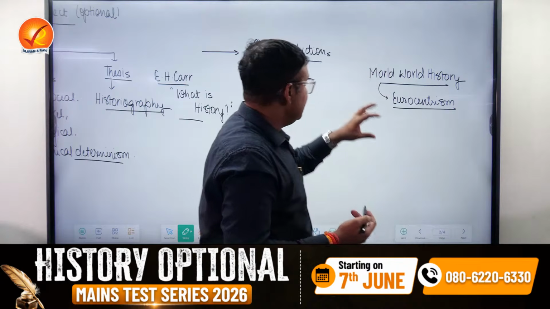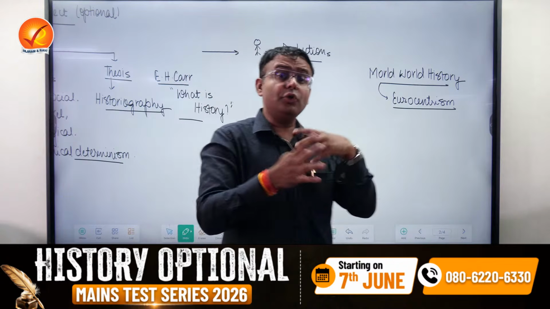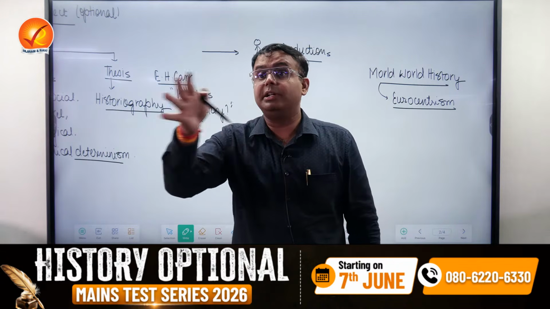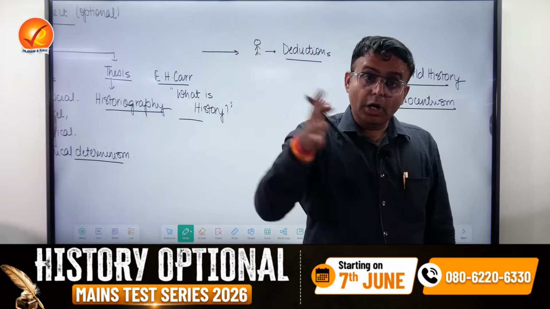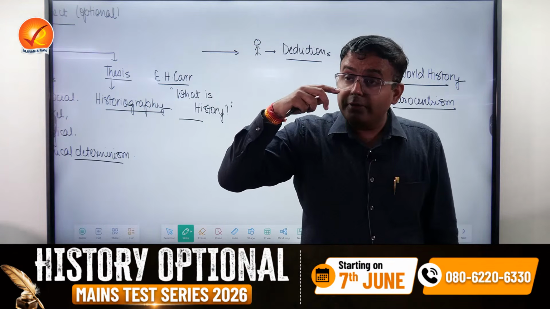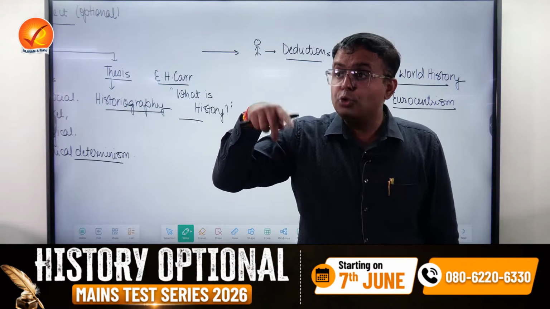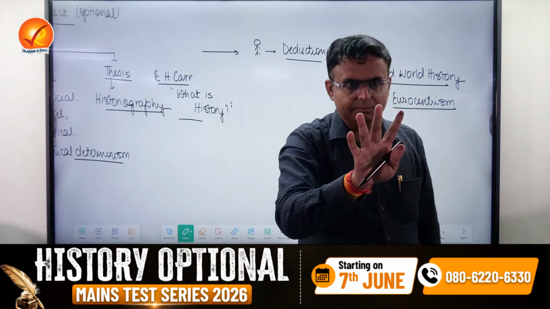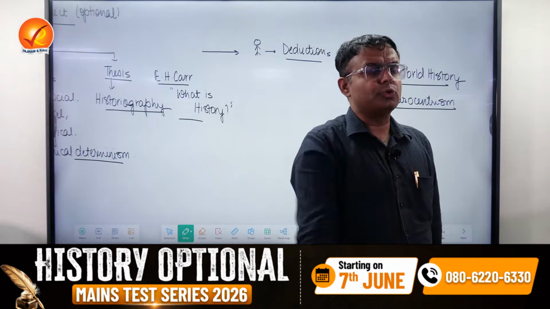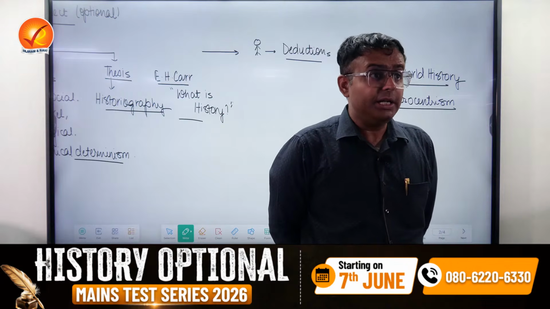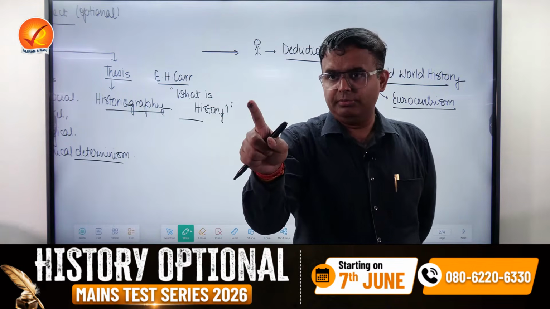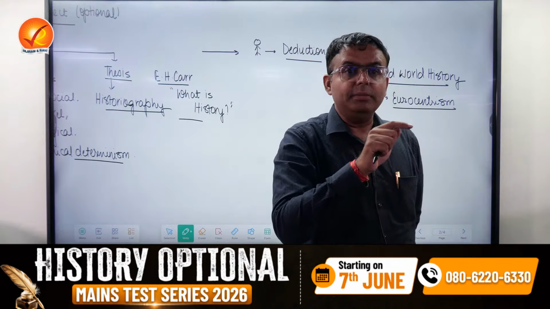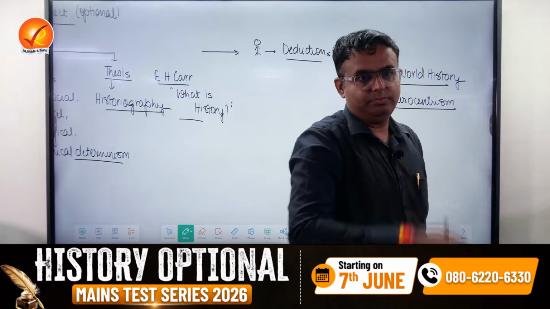So when we study modern world history, we study the history of human civilization over the last 500-600 years. How political changes have happened, how economic changes have happened, how our religious outlook has changed. This is what we study. Before you start reading a subject, you must first ask yourself, or get it clear in your head, what this subject is about.